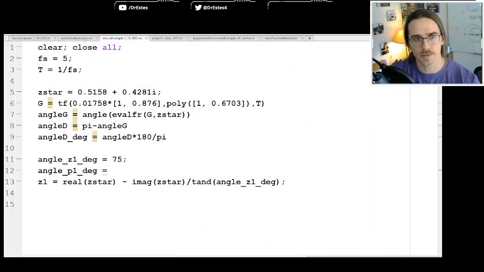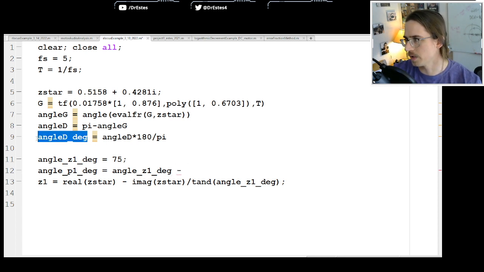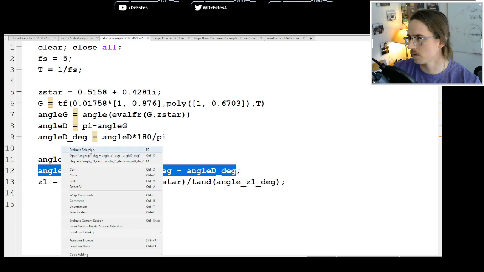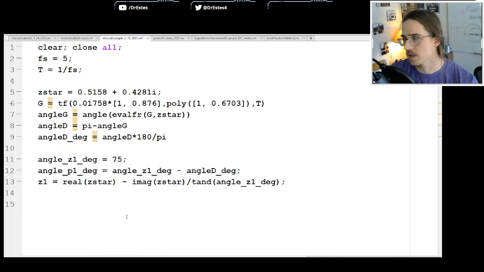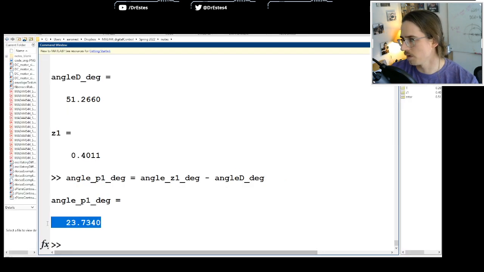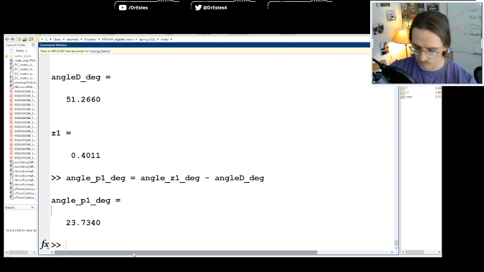So we're going to do the same thing. It's going to be angle Z1, and then that 51.3, it came from this variable. If we run this, it's going to tell us the angle of the pole, which will be some negative number. Or wait.